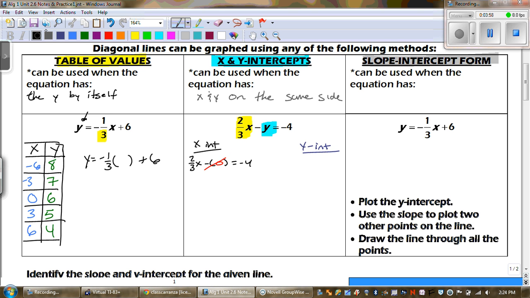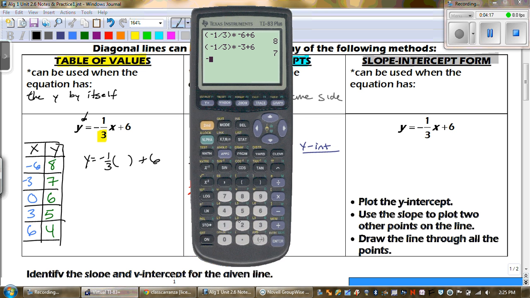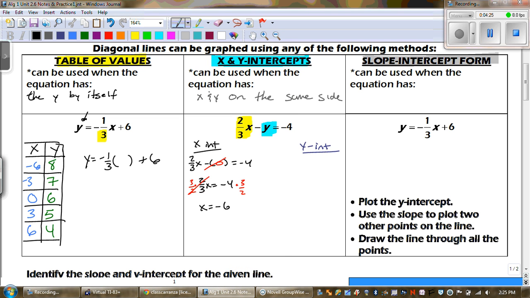Well, that's 0. So now we're left with 2/3 x equals negative 4. And to get the x by itself, we need to multiply by the reciprocal. And then we get x equals, and remember, when you're doing this, put your fraction in parentheses, and we get negative 6.